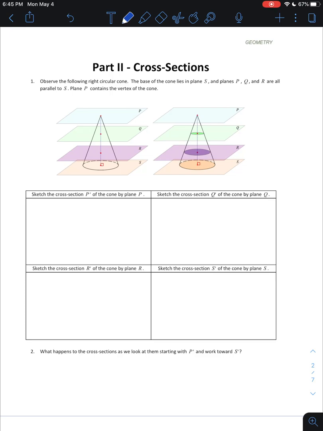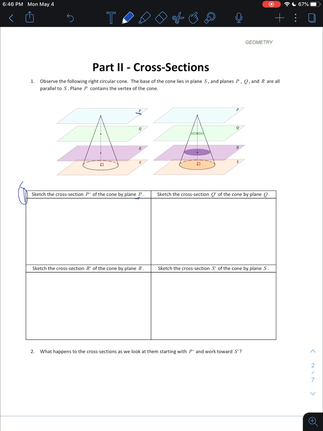So the first question asks us to sketch the cross section P prime of the cone by plane P. What this means is we're sketching what the cone looks like on a plane. So the first one deals with plane P, so we're looking at this one. We're trying to imagine, what does the cone look like on this plane?